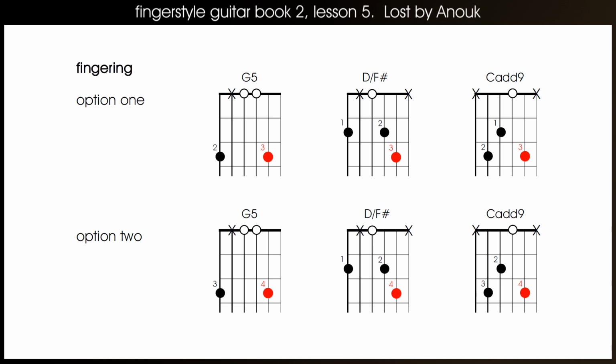And a drone is a note that either rings constantly through the tune or through a particular passage in a tune. And it's quite commonly used in music. But how that manifests in this song is that you have to keep that finger in place for large sections of the tune.